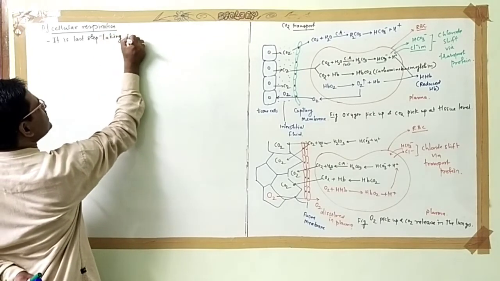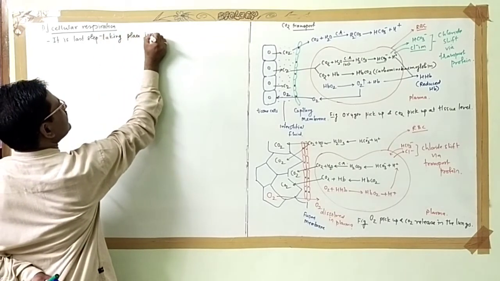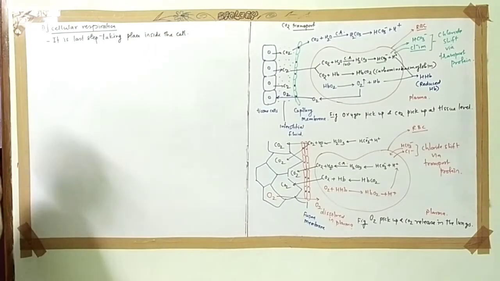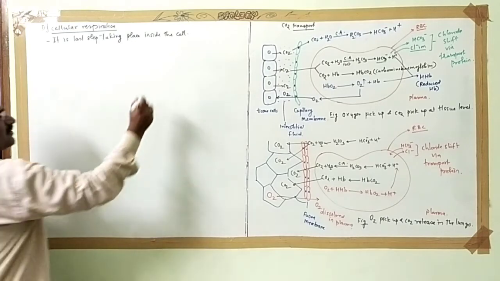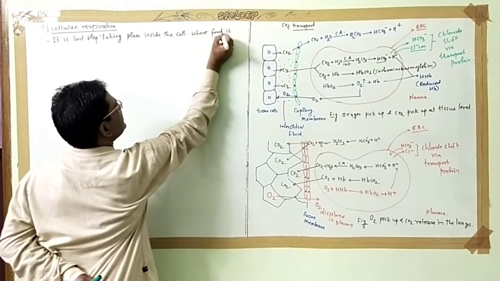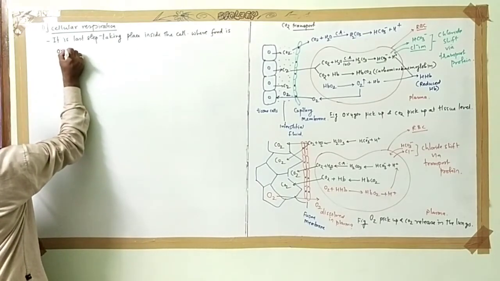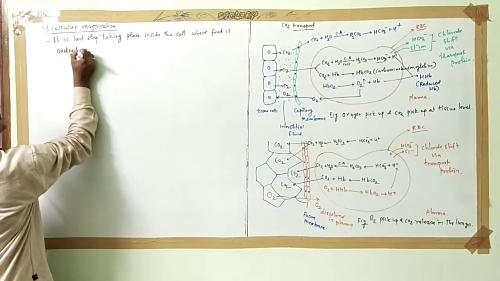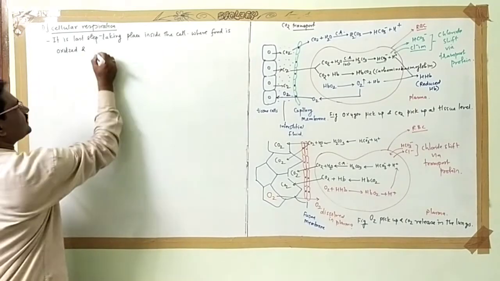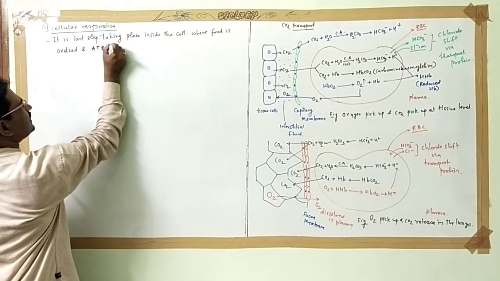Inside the cell, where food is oxidized and ATP is generated.